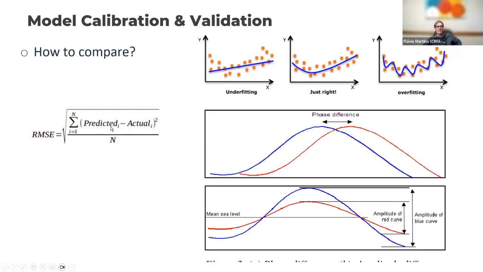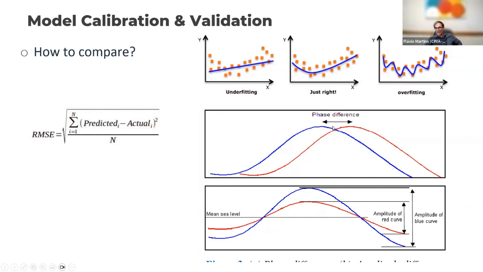And if I use root mean square error, it will give a very bad error to the model. But because I'm a human, I can see a trend here. This is just a phase difference. So if I correct the phase of my model, the error will be much smaller. So sometimes we must use other methods to see these phase differences.